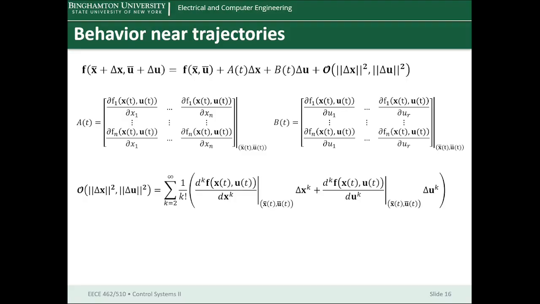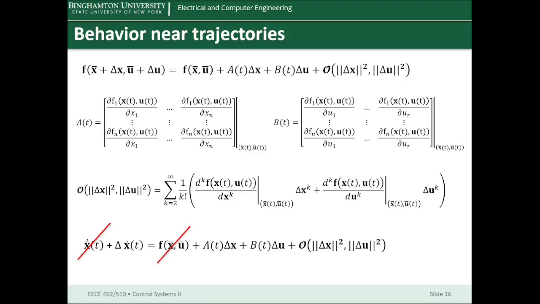Here, A of t is the Jacobian of f with respect to x, its first derivative of f with respect to x. And B of t is the Jacobian of f with respect to u. O of t is the high order term. The high order terms are functions of delta x and delta u of order greater than 2.